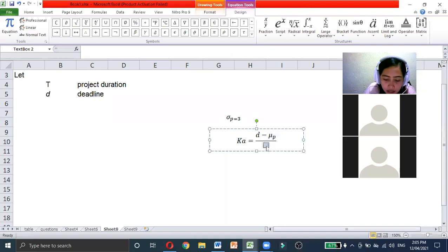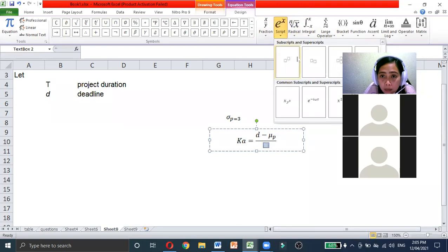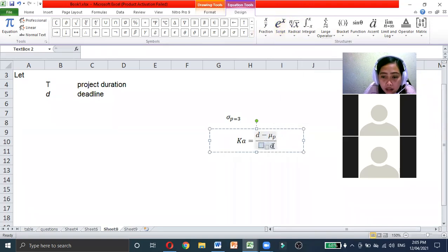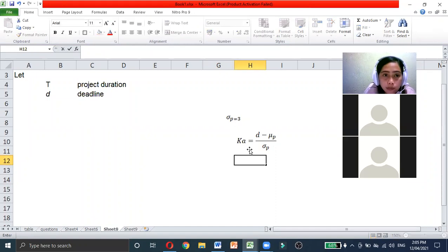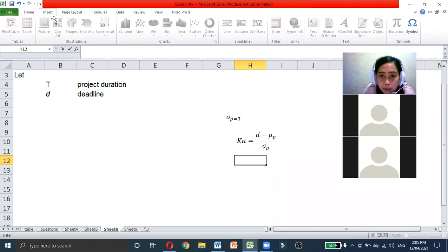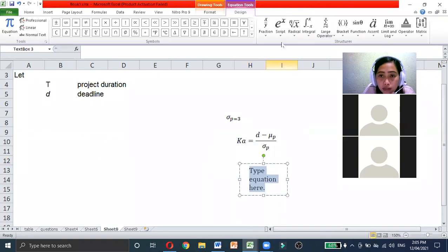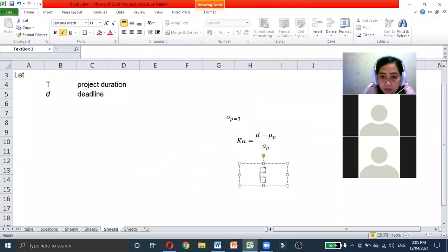Okay, so what is our deadline? Before, the deadline wanted was 47 weeks. And then we divide by the standard deviation, which is 3.